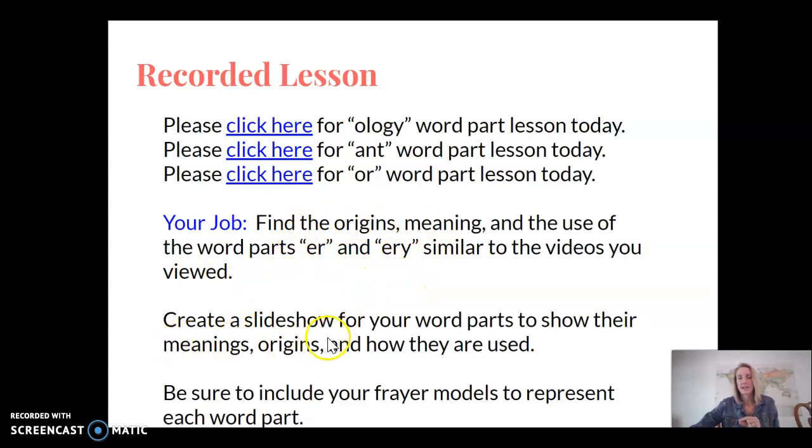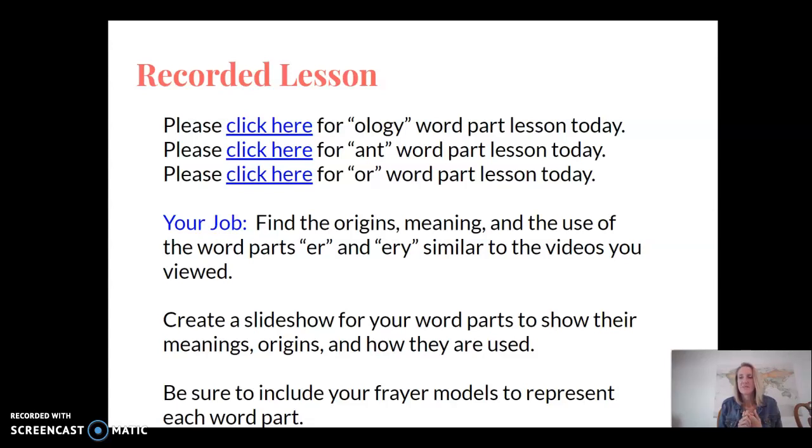Okay, so create a slideshow for your word parts to show their meaning, origins, and how they are used. Okay, be sure to include your Fryer models to represent each word part. Okay, so you can put your Fryer model right in your Google slide for and uri.